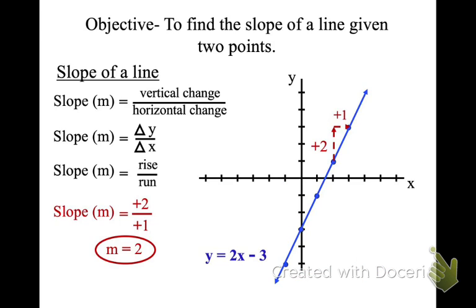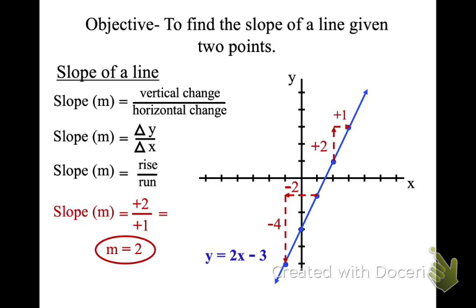Okay? So don't ever do the horizontal movement first. We always do the vertical first. So it's going negative 4 down, and negative 2. If you're doing negative, negative, it doesn't matter. I could go from here down to here.